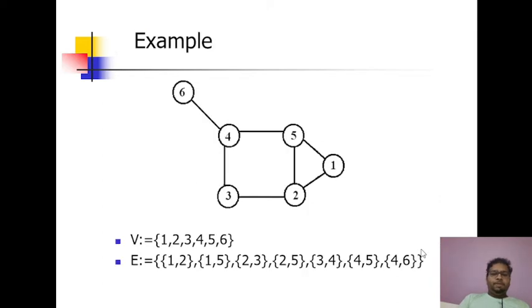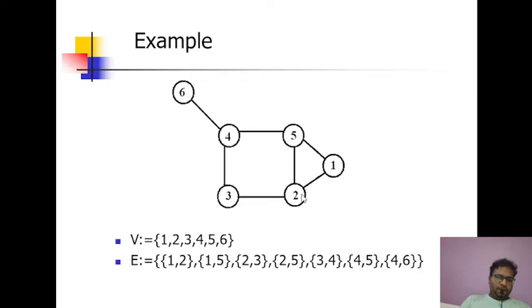Now this is one example related to this. You can see this graph over here. The numbers 1, 2, 3, 4, 5, 6 are representing the graph values, that is, the nodes. What are edges? Basically, edges are the lines connecting these nodes.